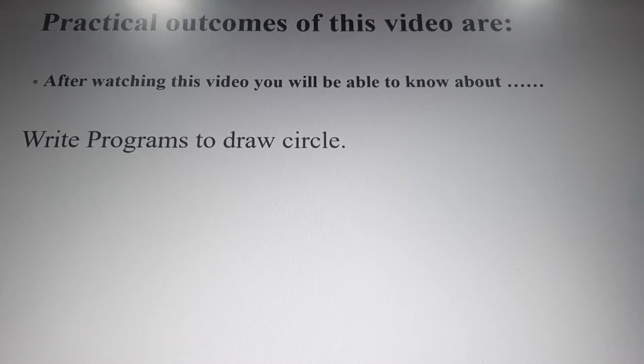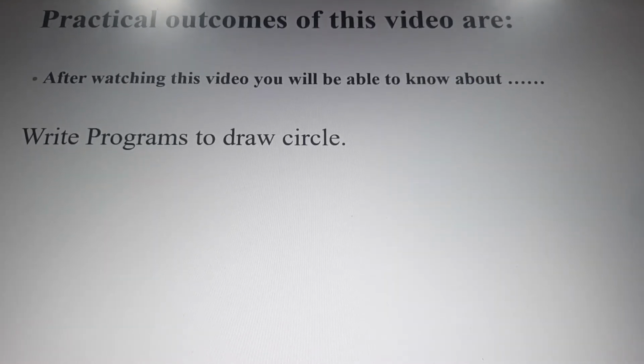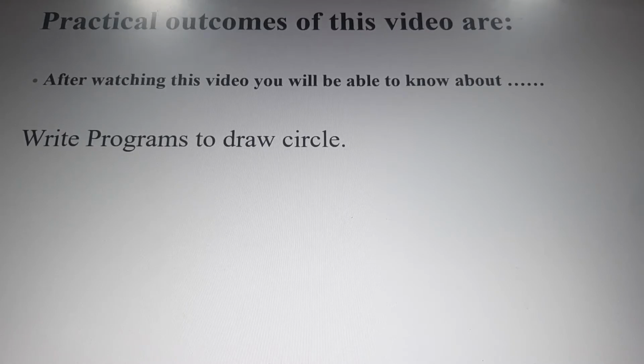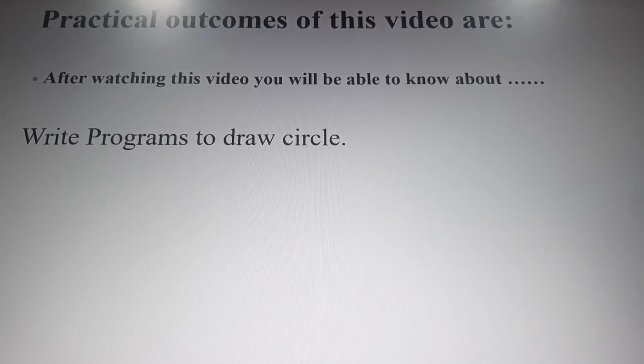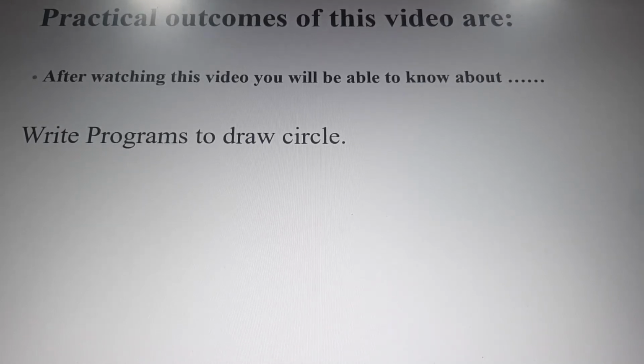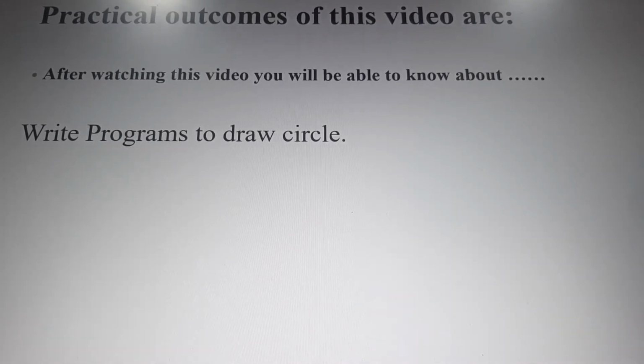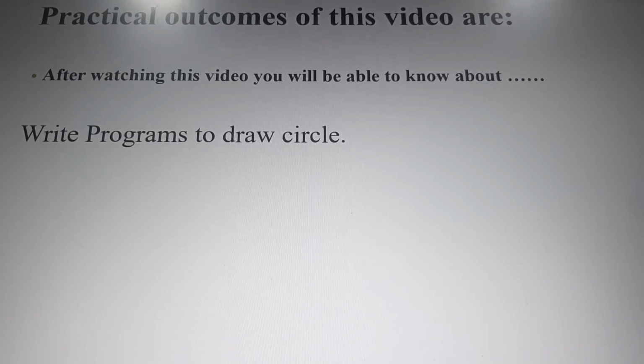There are two popular algorithms for generating a circle. First is Bresenham's algorithm and second is the midpoint circle algorithm. These algorithms are based on the idea of determining the subsequent points required to draw the circle.